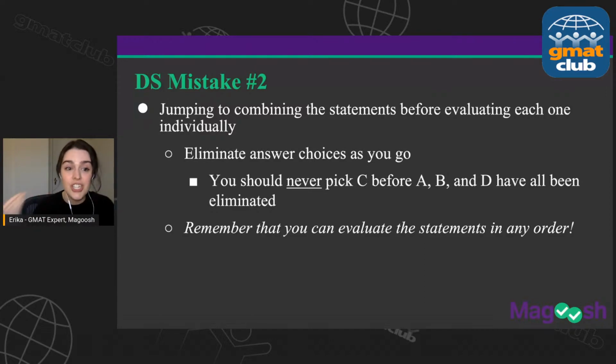Just make sure you're adjusting your process of elimination accordingly. Start with one statement alone, move to the other statement alone. Only then should you put them together. All right, and that helps avoid mistakes where you should be picking A, B, or even D, but instead pick C. Classic mistake, super common.